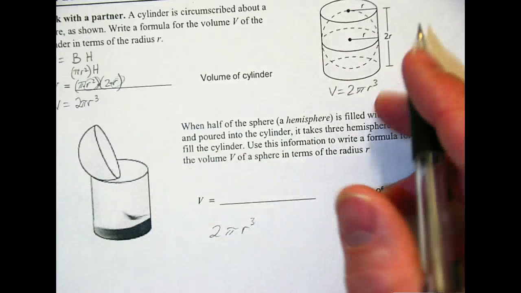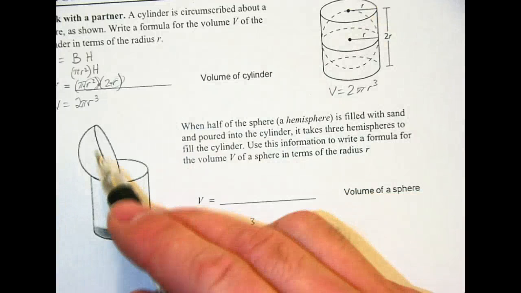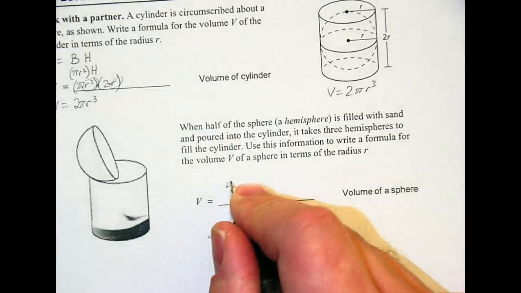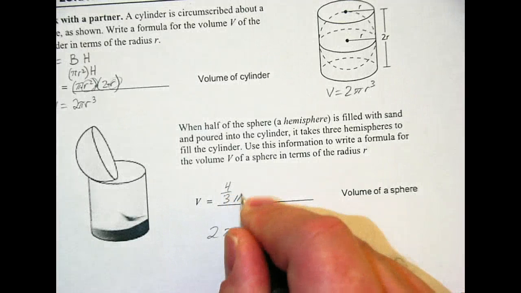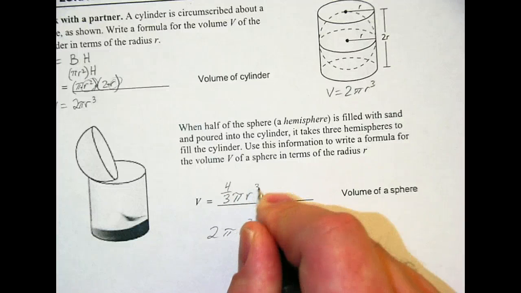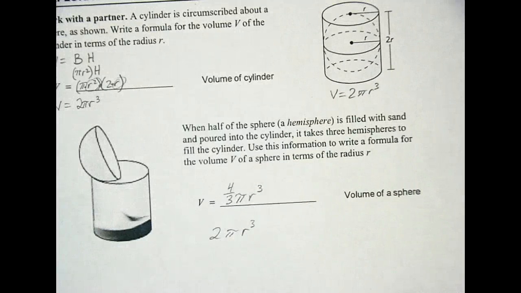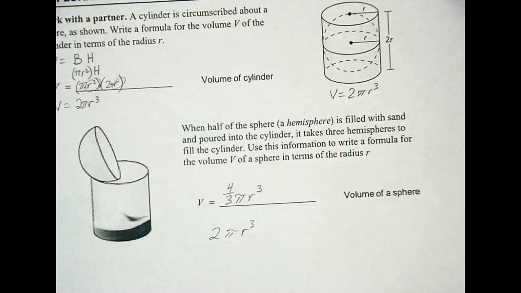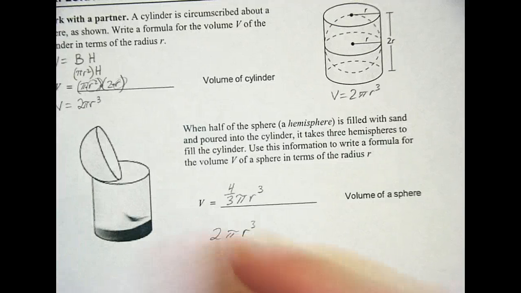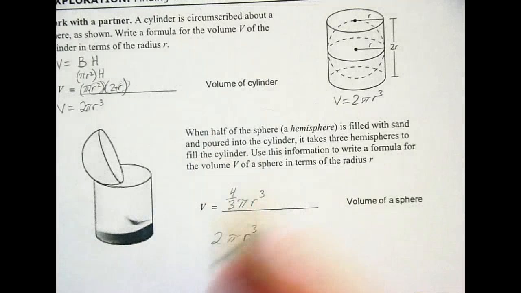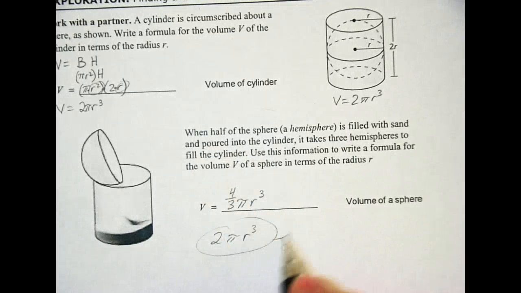By the way, what is the volume of a sphere? 4/3 pi r cubed. Good. So this is going to be our end result there. I want you to figure out how you can take the information here and manipulate this to get that.